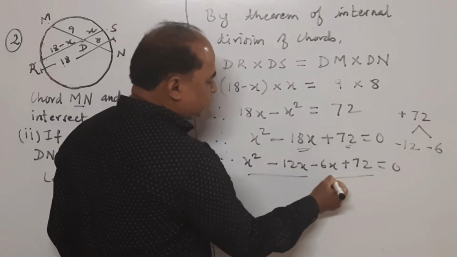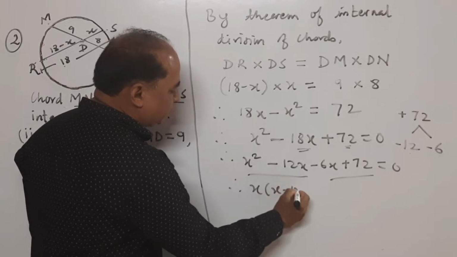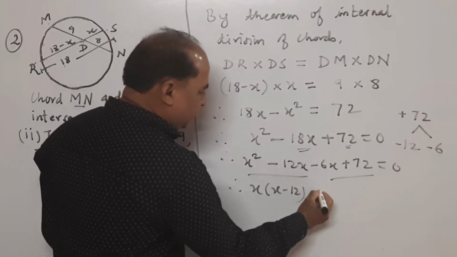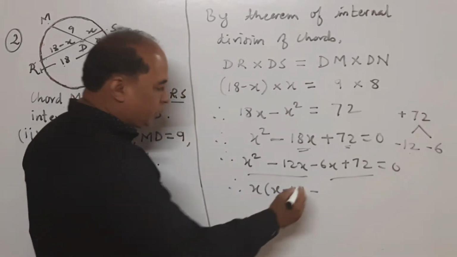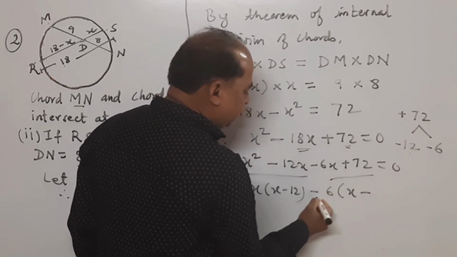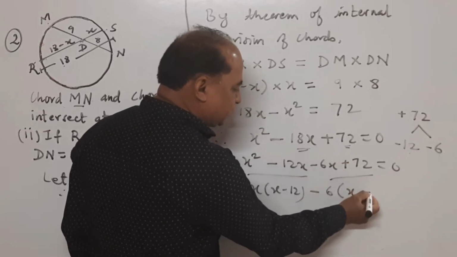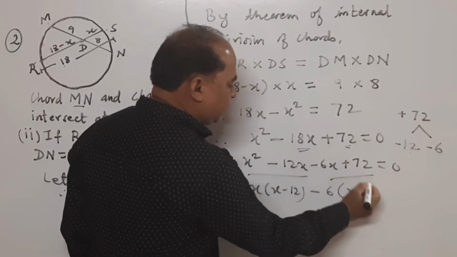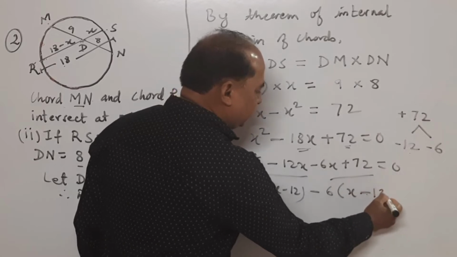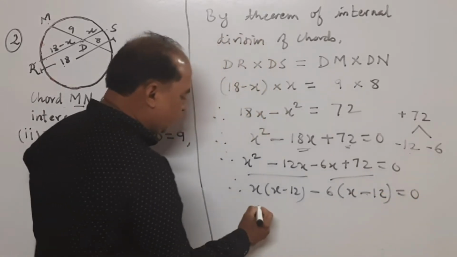Grouping the terms, two terms together, x is common here: x into x minus 12, minus 6 common, in the bracket x minus 6 came out. Here minus into minus will become plus, so minus 6 common, inside the bracket x minus 12, is equal to 0.